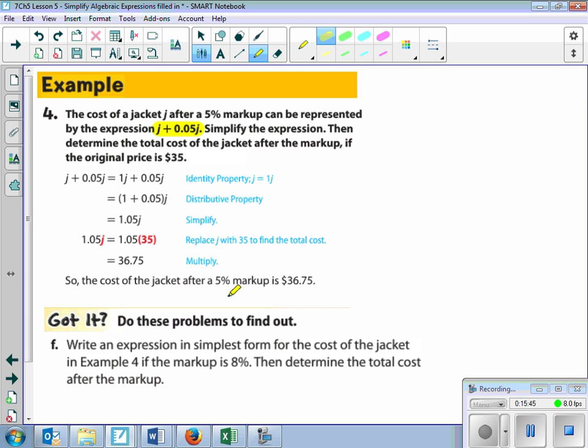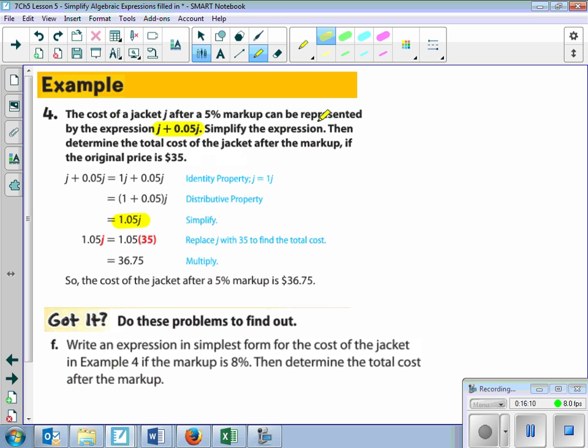We want to simplify the expression, then determine the total cost of the jacket after the markup, if the original price is $35. So the first thing we want to do is combine my like terms. So J plus 0.05J is 1.05J, where that's multiplication, right?